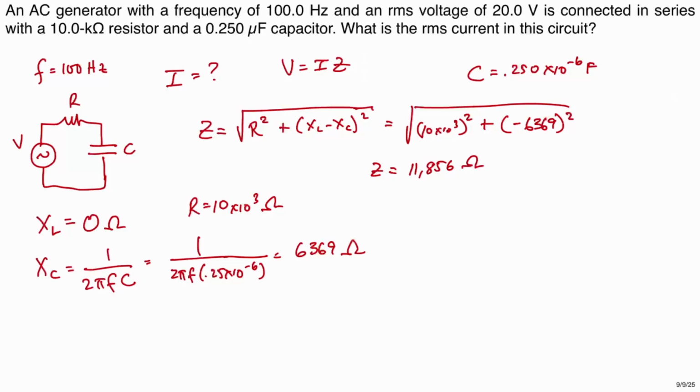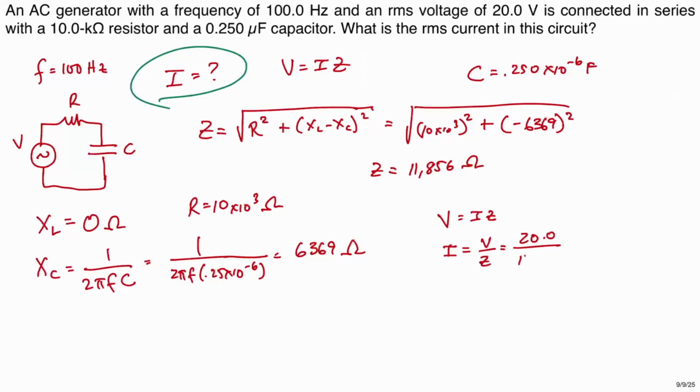All right. Now that we know the impedance, what were we looking for? Oh yeah, I should have circled it, because I circle the thing I'm looking for. So now I take my voltage, my current and my impedance, and I solve for the current. That's going to be voltage divided by impedance. My voltage was what? 20.